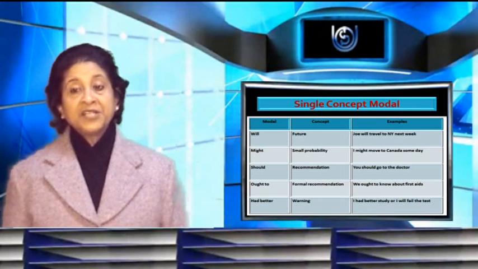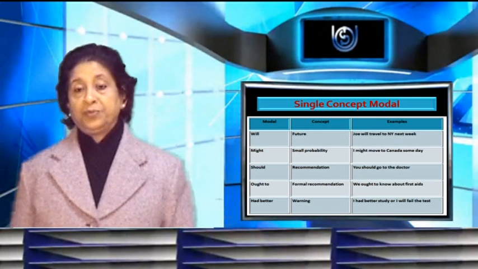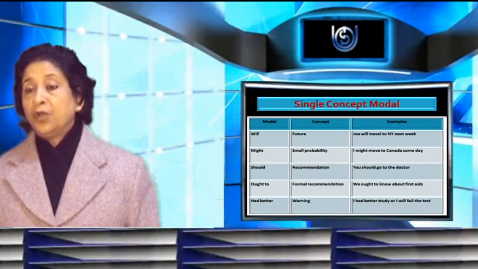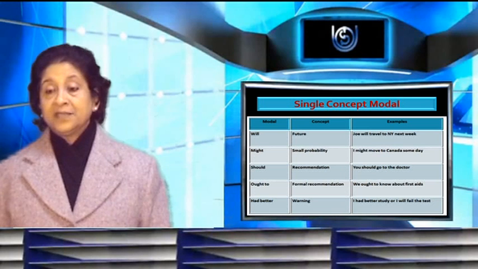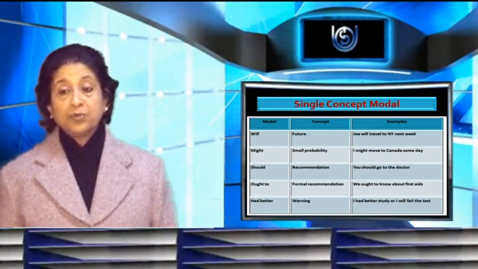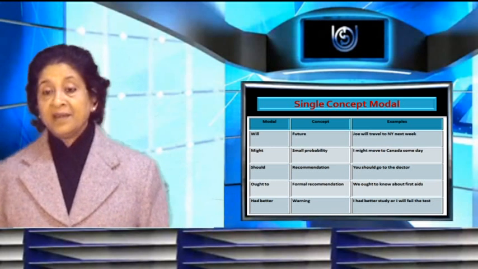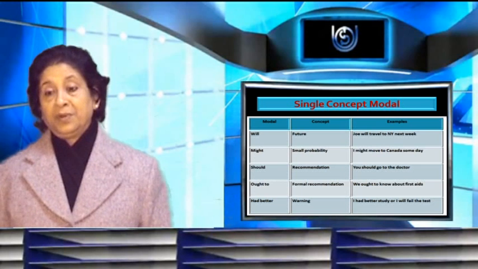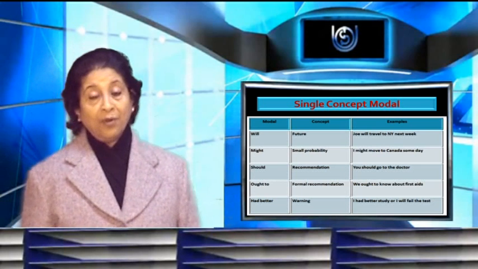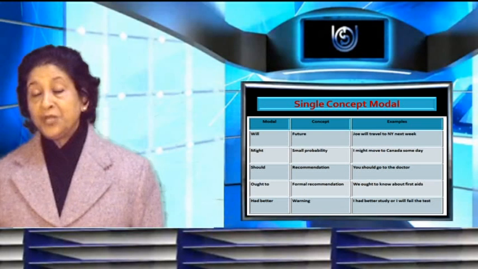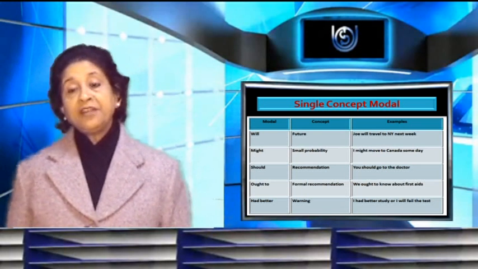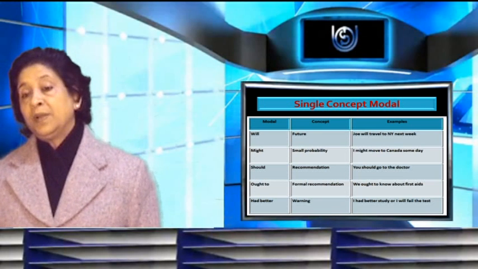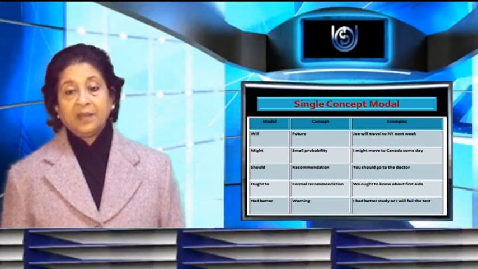When a formal recommendation is there, we use ought to. See the example: we ought to know about first aid. This is a formal recommendation that we are supposed to know about first aid. Instead of saying you have to know, you must know, saying you ought to know is a better, polite way, or a formal recommendation.